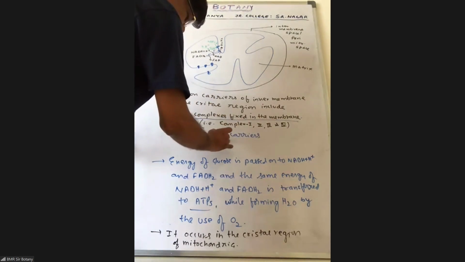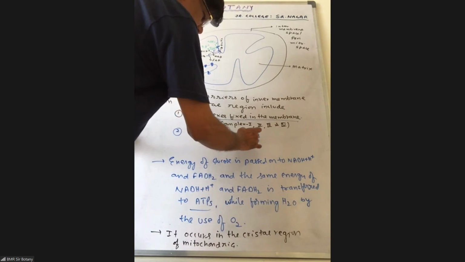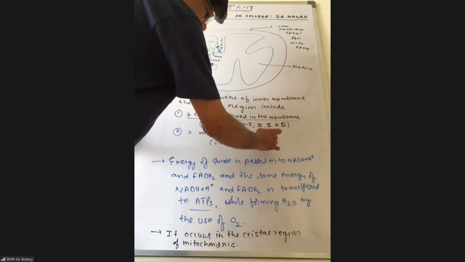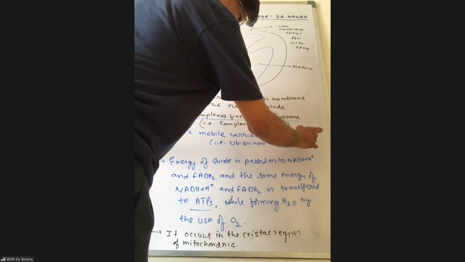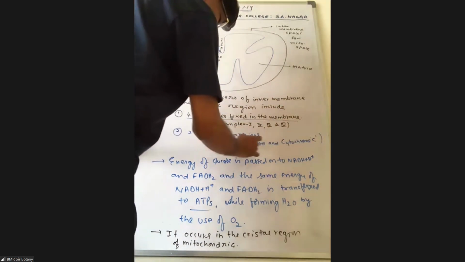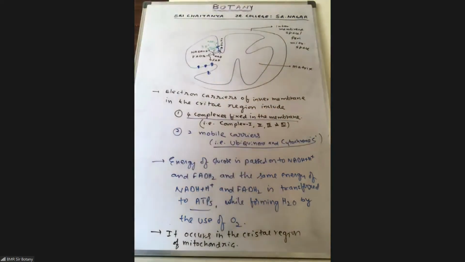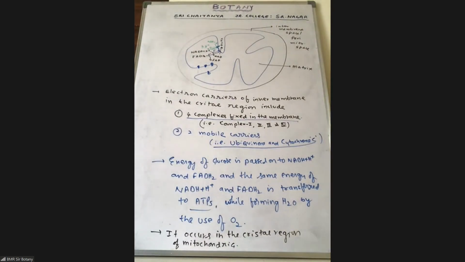That is ubiquinone and cytochrome C. Have you come across cytochrome C anywhere? Cytochrome C oxidase, copper containing, when you are telling there, here you are going to see. That causes oxidation of cytochrome C.